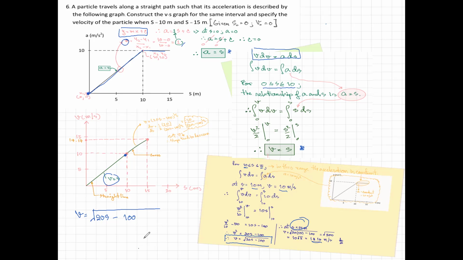Maybe it's in this way or in this way. We may consider the curve by taking the first derivative of the function. After we take the first derivative, dv by ds, we obtain 10 over the square root of 20s minus 100.